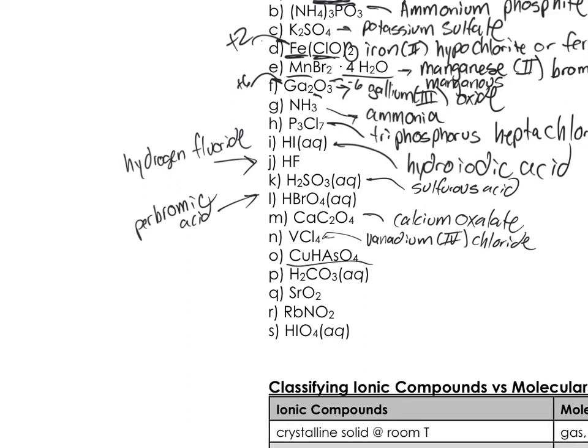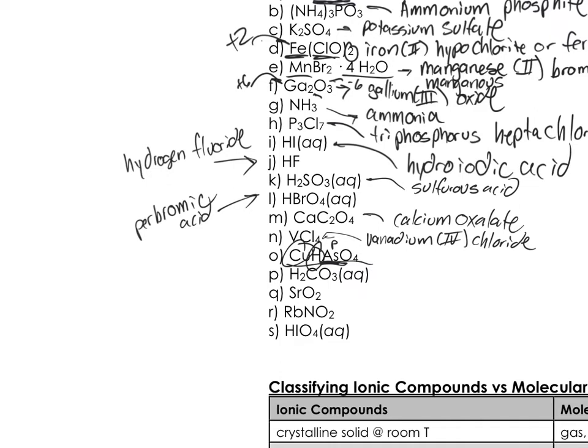Ooh, this one's interesting. Okay, so we got copper here. This has multiple oxidation states. We have arsenic, where, oh, I've never seen that before. If you ever think that, go back and check and see where it's attached to, or what group it's in. Arsenic is in the same group as phosphorus. So that means I'm going to name this like phosphate, and it's going to have a -3 charge.